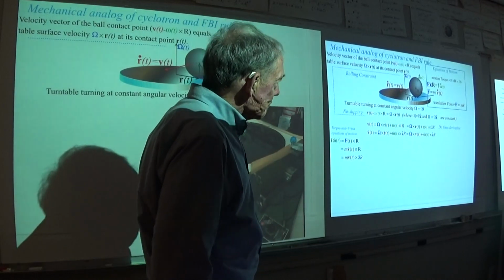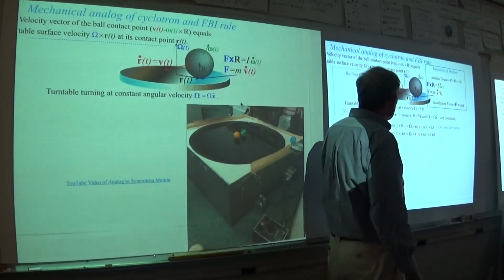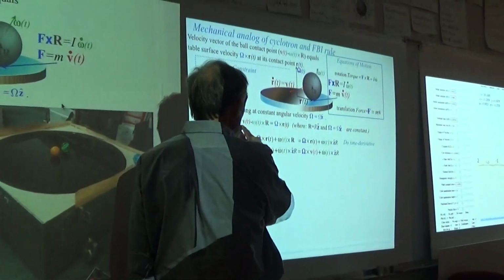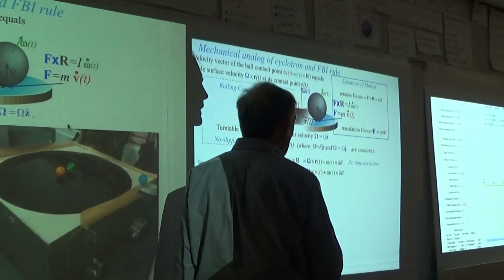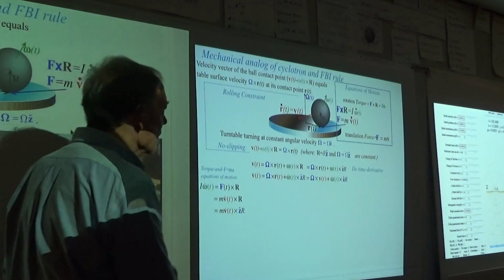Anyway, what we have to do in order to take the equations of motion here, and the basic idea of the no slipping condition, is this. This is just straight Gibbs type notation.